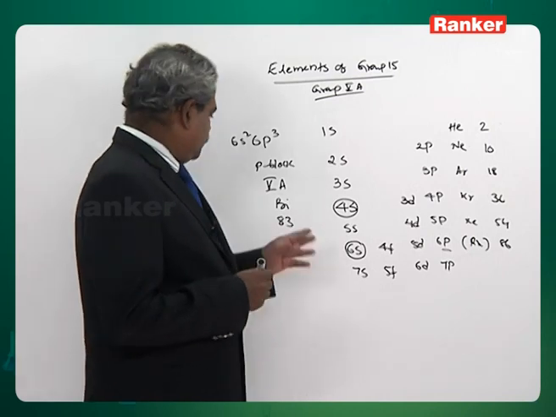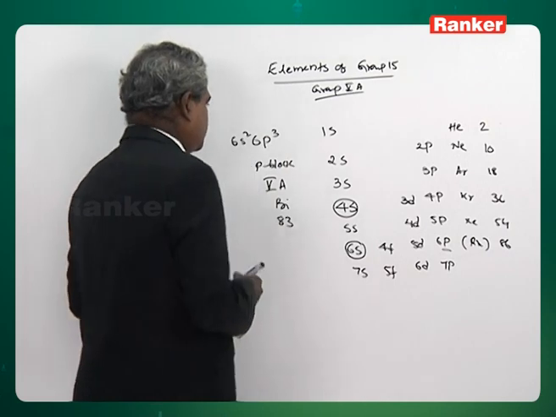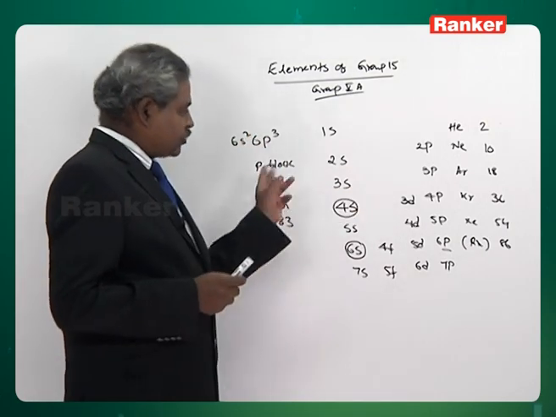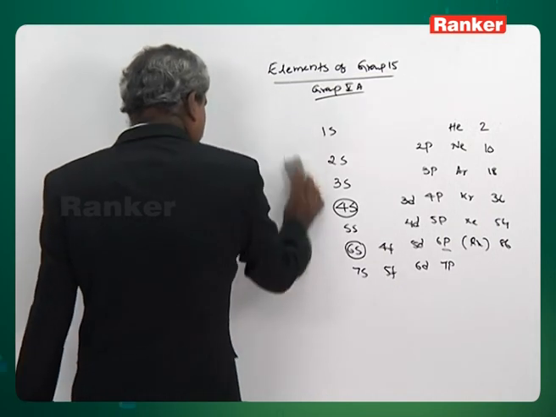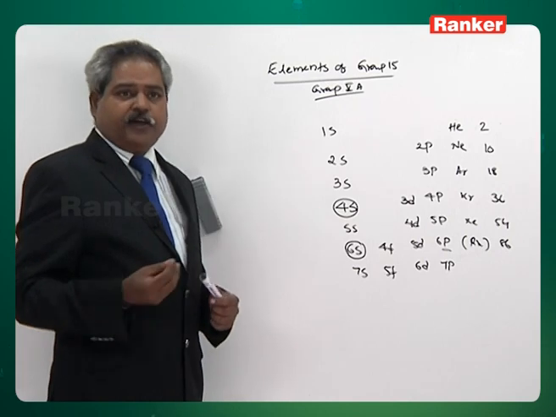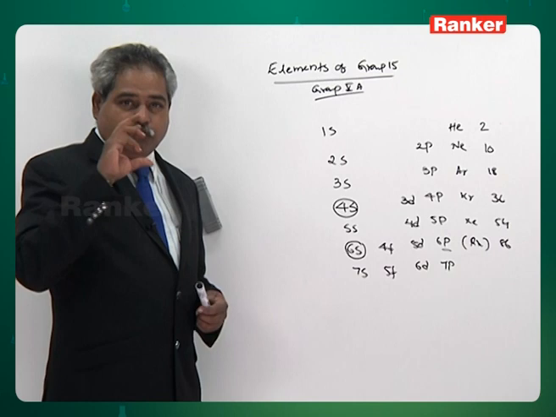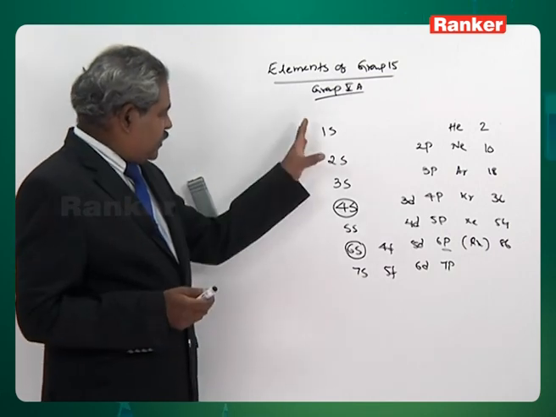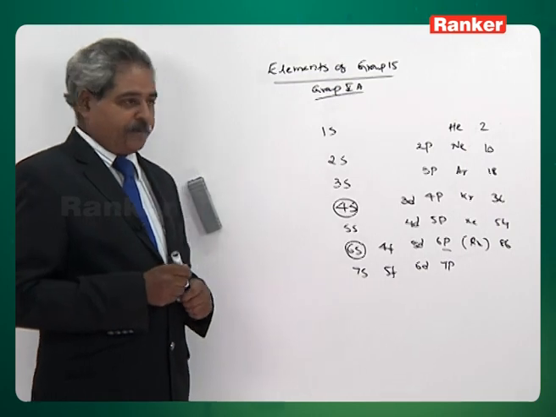Right. 6p6, 3 short of 6p6, 3 short of radon, 3 short of 86, which is 83. So you should do this with some kind of interest, these additions and subtractions. If you observe the arithmetic in the layout of the periodic table, you will have a better understanding of chemistry.